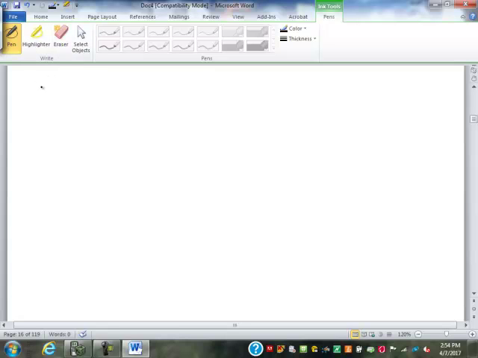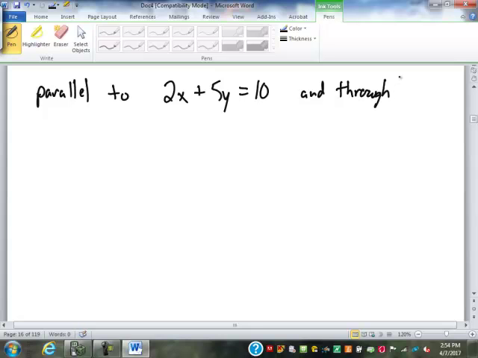So again, find the equation of the line that is parallel to 2x plus 5y equals 10, and through the point 10, 5.